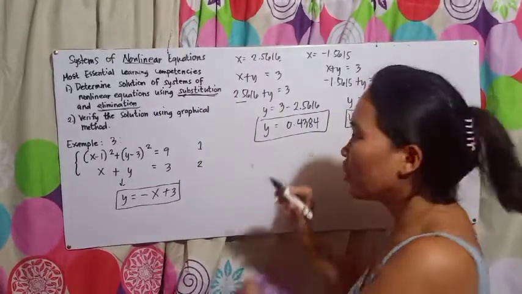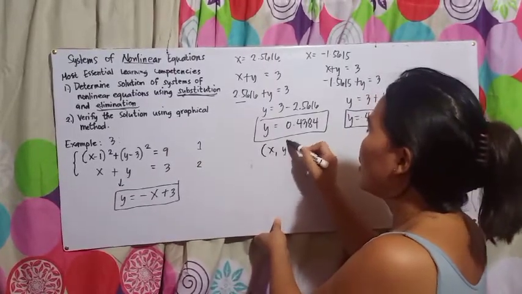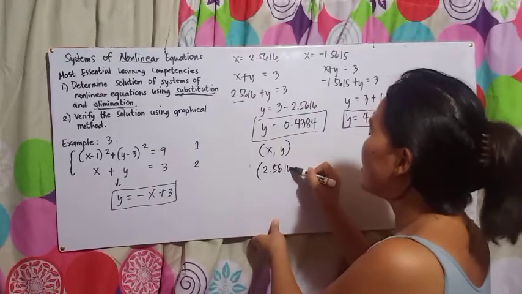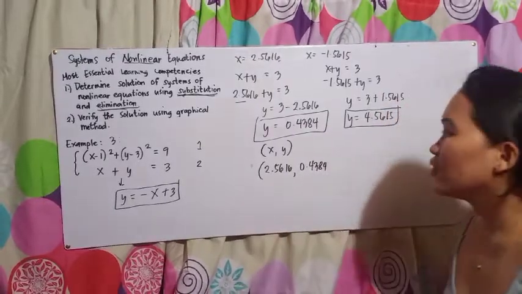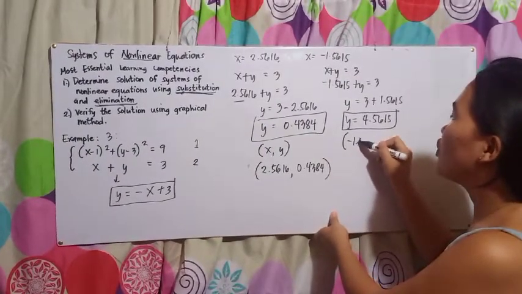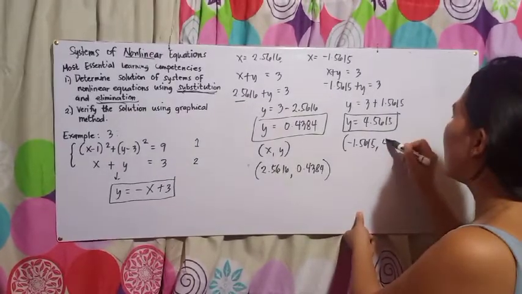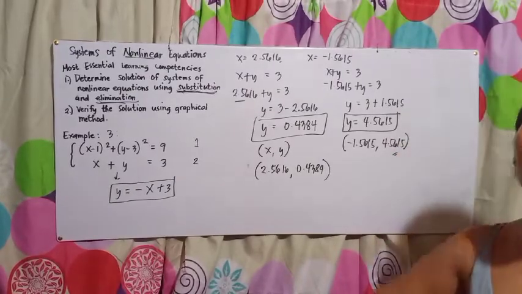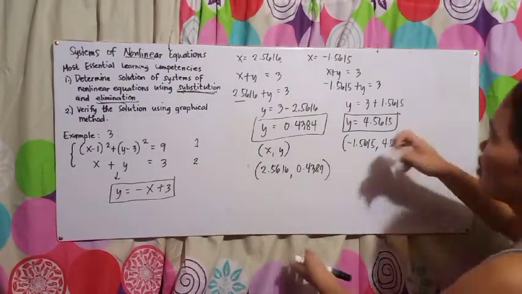Di ba sa Cartesian plane, para i-plot, ang form kay (x, y). So, ang x is 2.5616, ang y, 0.4384. Ang isa, negative 1.5615, ang y is 4.5615. So, i-plot na nato karon sa graph.